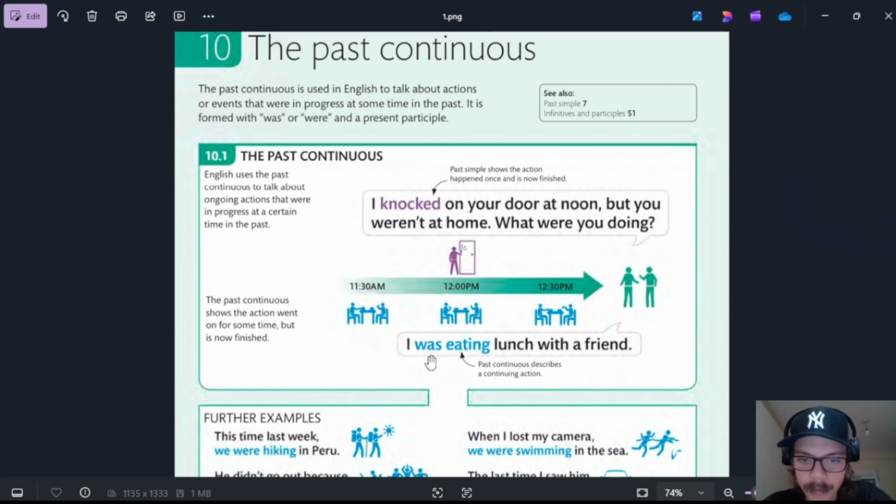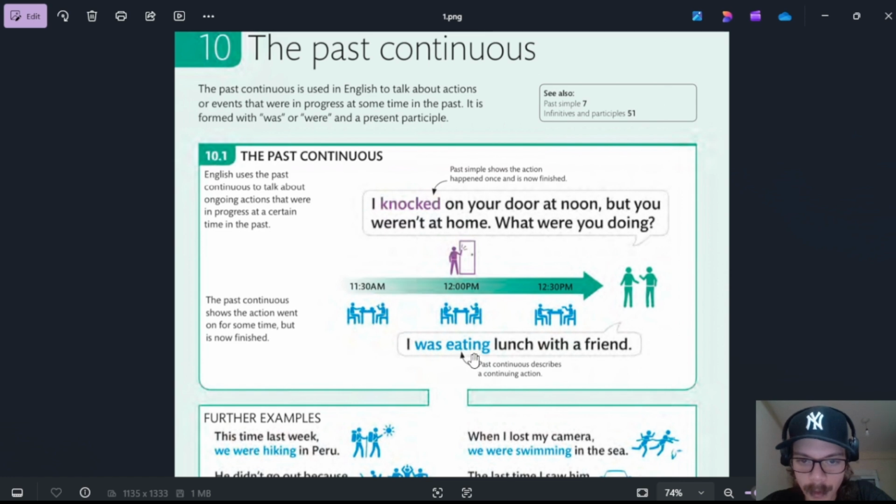For the continuous version, you're going to be using two verbs. One of these is going to be familiar, or it should be familiar if you already know the present continuous. So for example, eating, you're going to notice it has the ing ending, which is very characteristic for continuous. Okay, it's used in some other situations, but right now let's just focus on continuous.